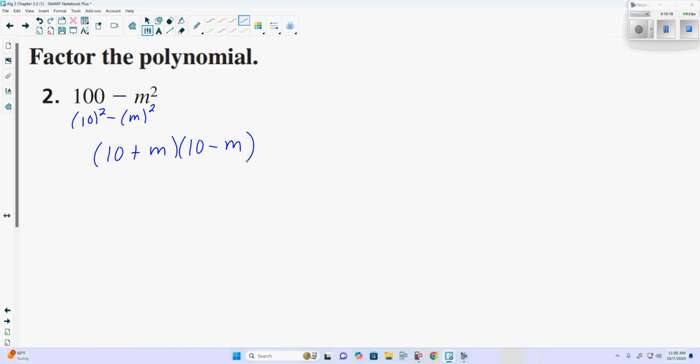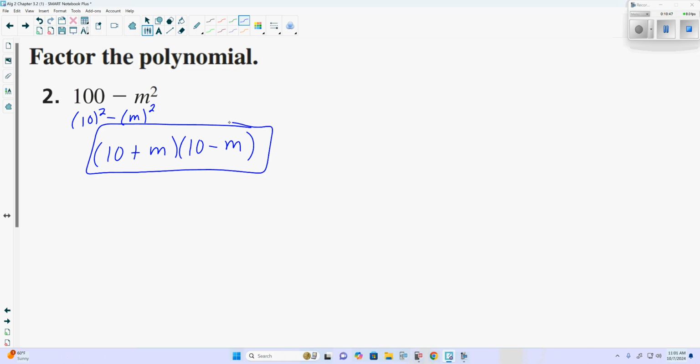Now, if you had flipped it and put the m first for the 10 plus m, it wouldn't make a difference because 10 plus m and m plus 10 are the same thing. However, 10 minus m and m minus 10 are two different things. So this would be the correct answer here.